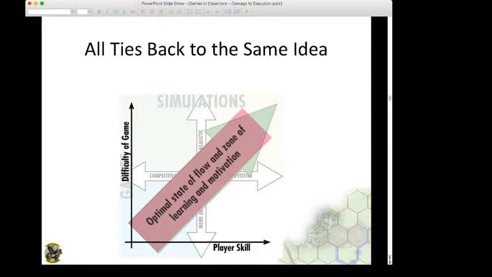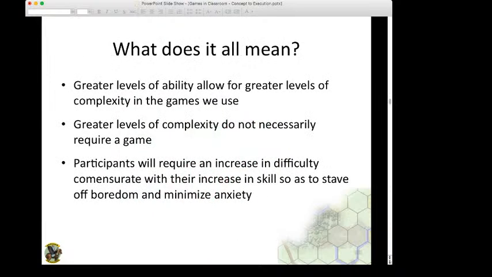Similarly, player skill tends to go up. As player skill goes up, we may move from purely competitive things to less competitive things, or variable levels of competition within the game axis. But that is what helps us maintain that optimal state of flow and that zone of learning and motivation.